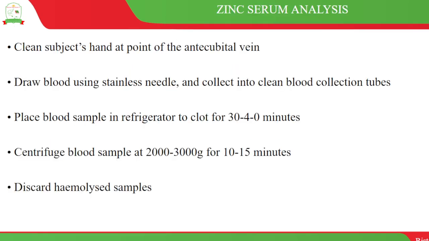What about the analysis? One of the steps of sample collection is to clean the subject's hand at the point of the antecubital vein. For cleaning, we have cotton wool, or you have these wipes that are ready, called alcohol wipes.